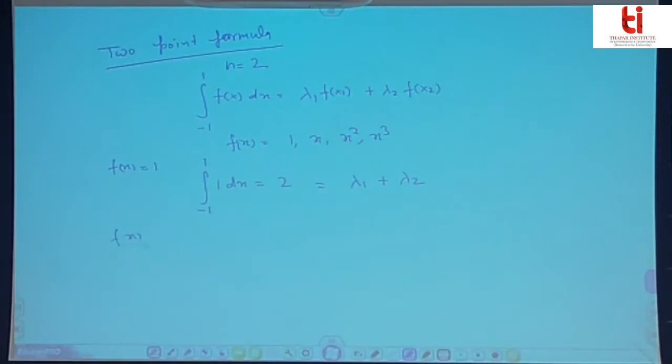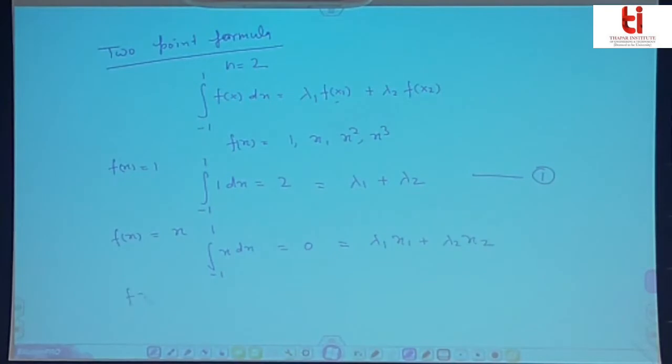This is equation number 1, suppose. For f(x) equal to x, the integration from minus 1 to 1 of x dx is coming out to be 0, equal to lambda 1 x1 plus lambda 2 x2.